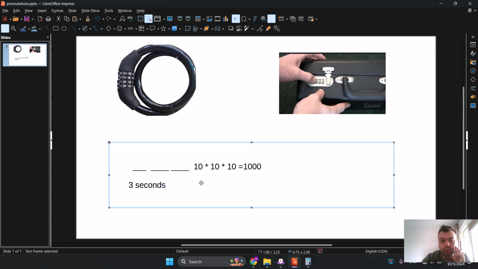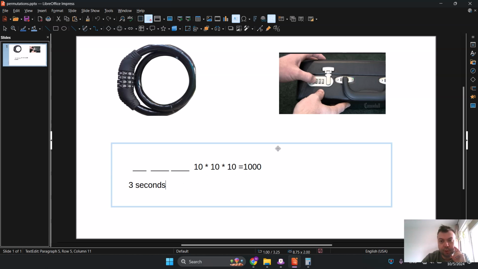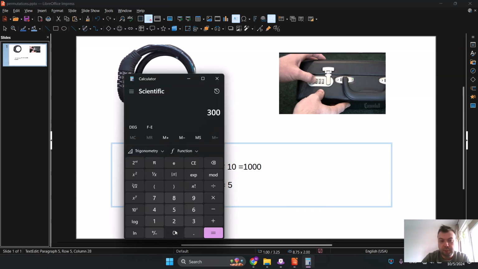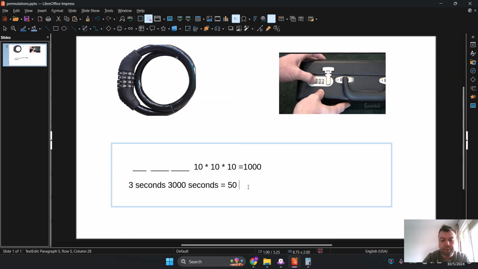So in total it will take 3000 seconds for this. 3000 seconds equals 50 minutes, because we have 60 seconds in each minute. So as you can see, in around 1 hour, or 2 hours if he's slower, an individual would be able to finally unlock your suitcase.